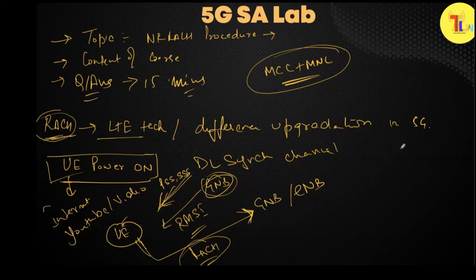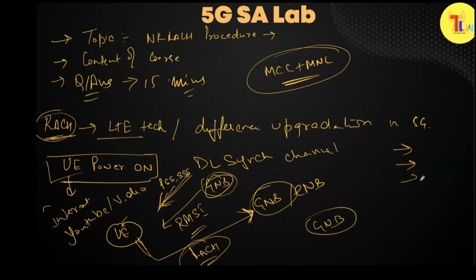Then when handovers happen, the RACH procedure also happens at that point, because the UE is changing the G node B. The UE was first with this G node B, and now it is going to connect with another G node B, so it needs to have the RACH procedure. You will come to know why we need it. You can ask why, if I am already in connected mode, what is the reason behind that?